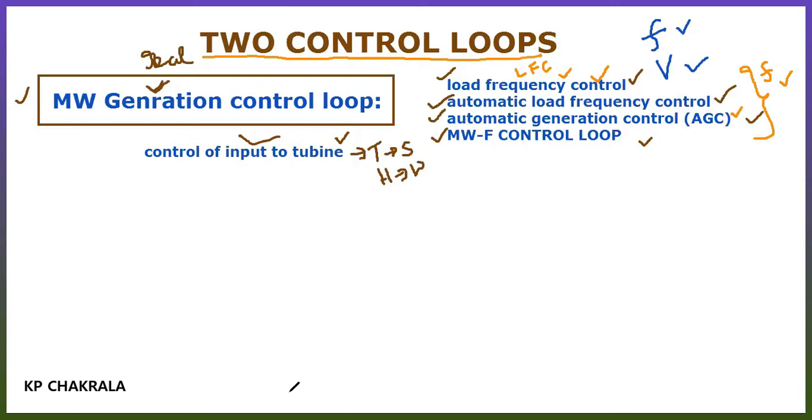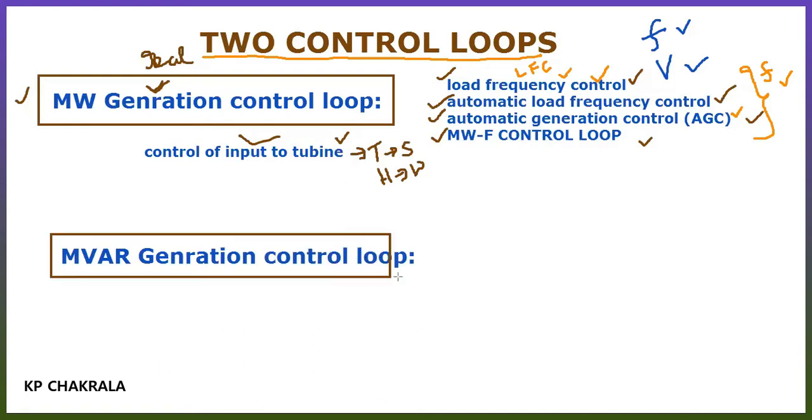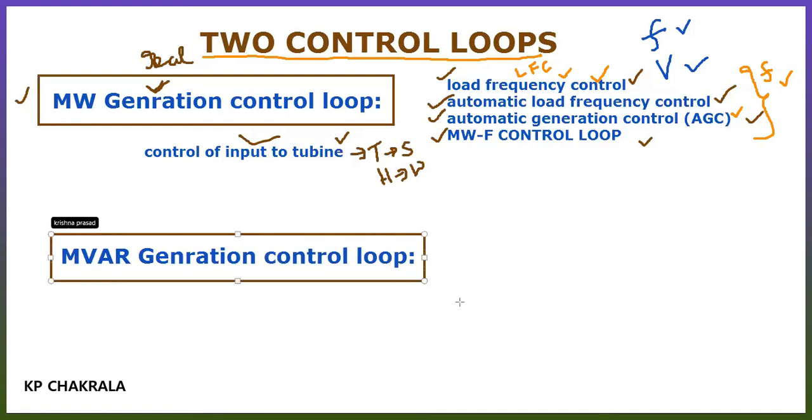And the other one is the MVAR generation control loop. This is the second control loop.